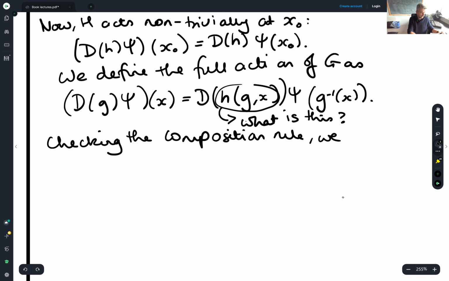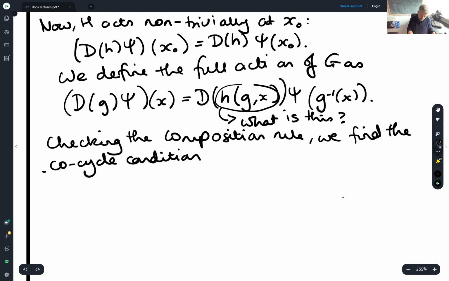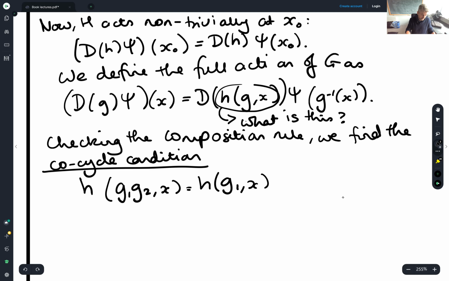And if you do that, it's a two-line bit of algebra to show that we must have some relations between these h's. It's called the co-cycle condition, which reads that h of g1 g2, comma x is h of g1, comma x, h of g2, g1 to the minus 1 at x.